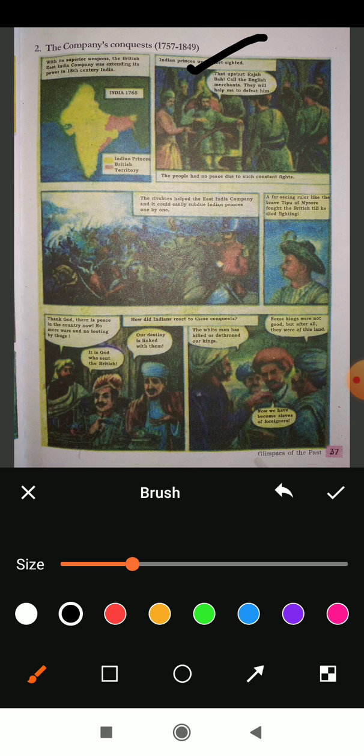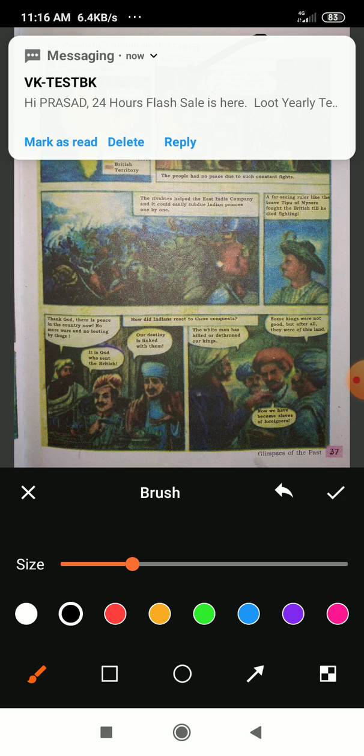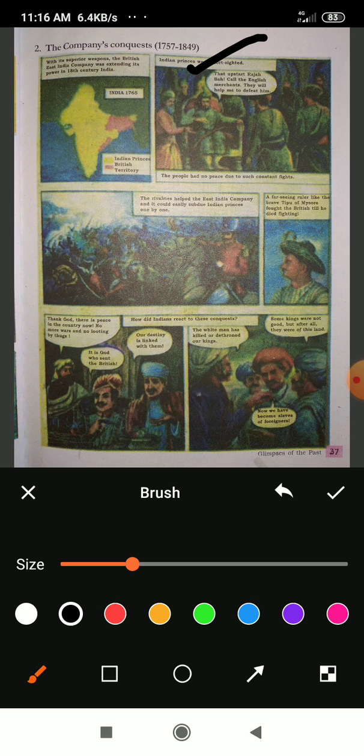The meaning of the Company's Conquest: the East India Company came to India. They came to India for visiting and seeing its beauty, a beautiful environment India has. When the East India Company arrived here in India, they started discovering new things in our Indian subcontinent.